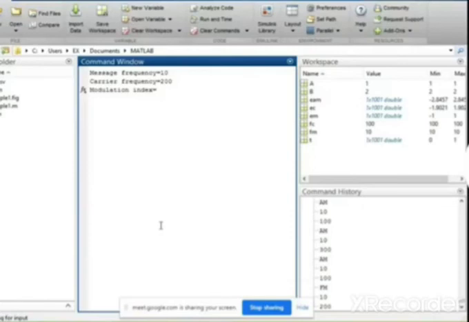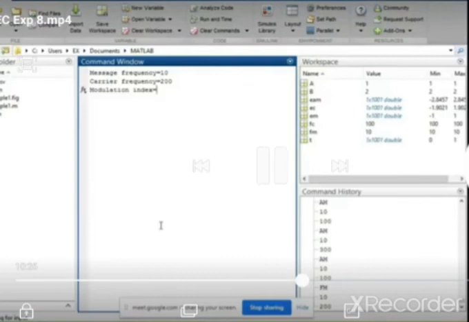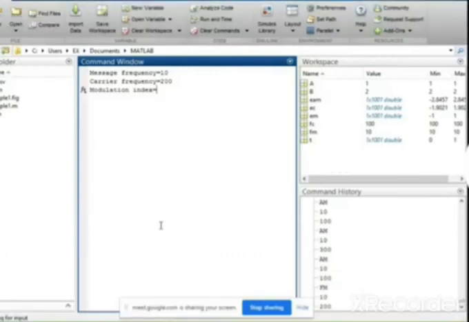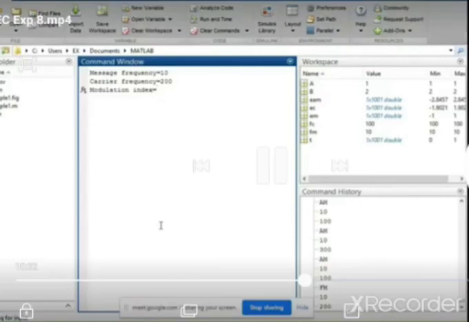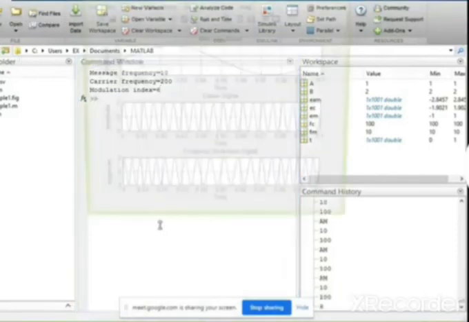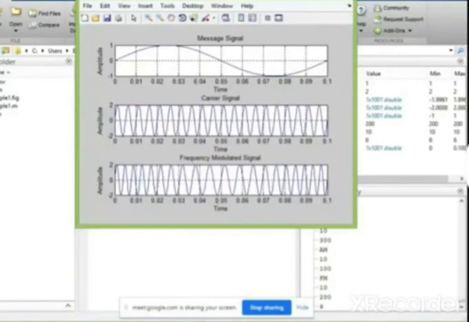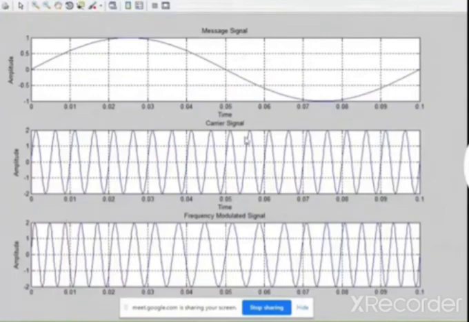I'll give it as 10. Carrier frequency is 200 and modulation index I'll put as 6.